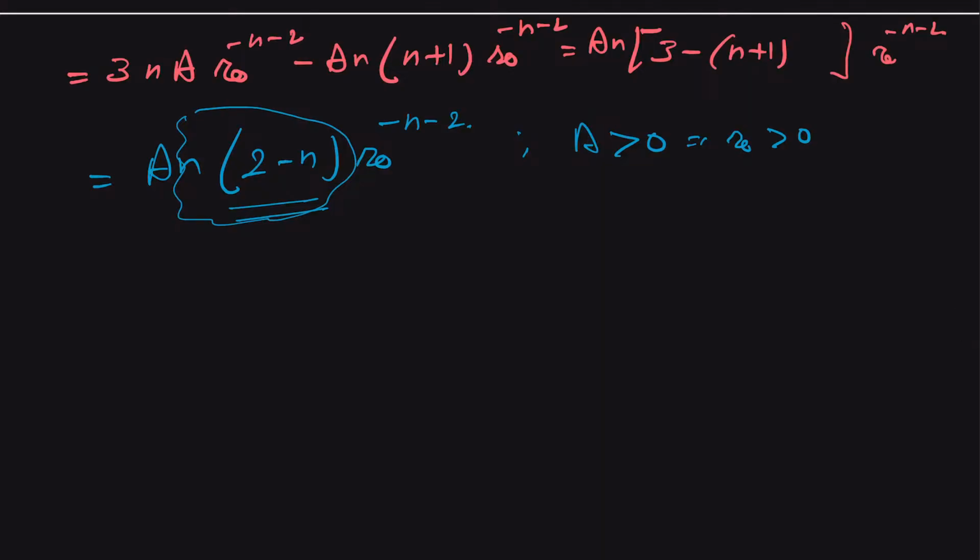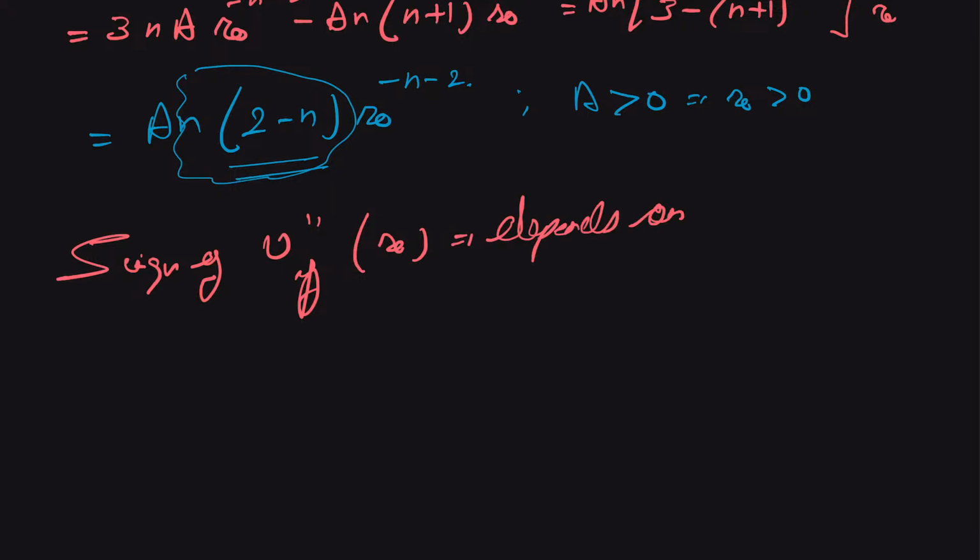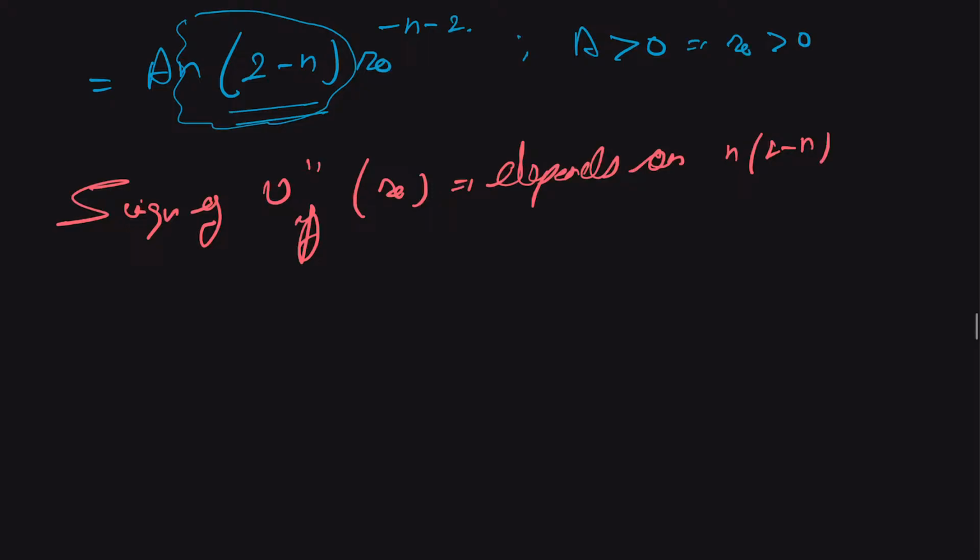Therefore, we can say that the sign of V effective double derivative at r naught depends upon n (2 minus n), and it should be greater than 0, that is, it should be positive.